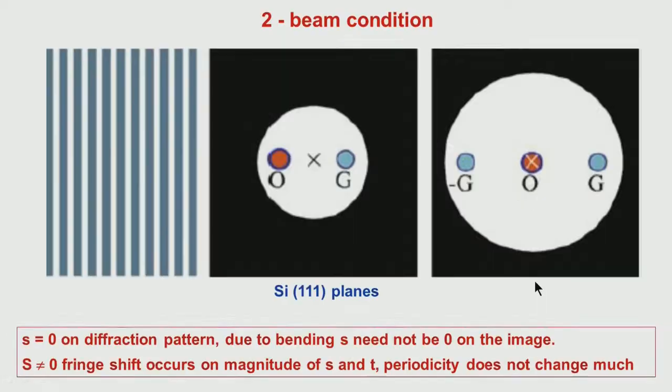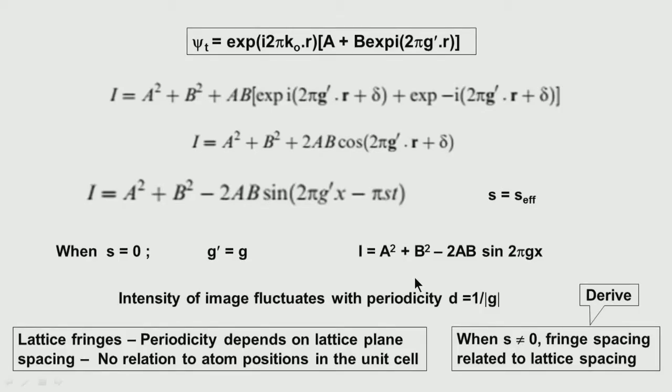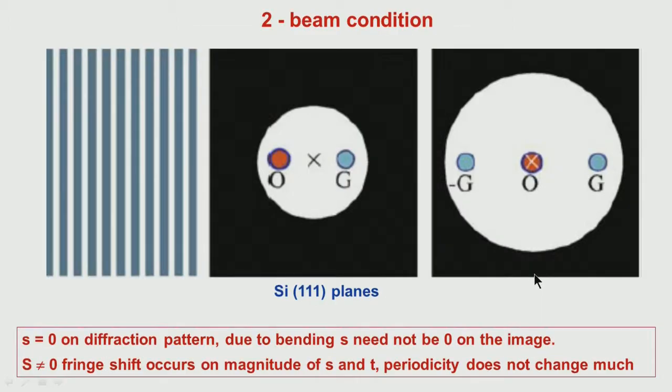Now, we can see how exactly it is implemented. From this expression, we can make out that as a function of g, the intensity is going to vary periodically. Let us look at how it is implemented in the microscope. We have an incident spot and a diffracted spot.